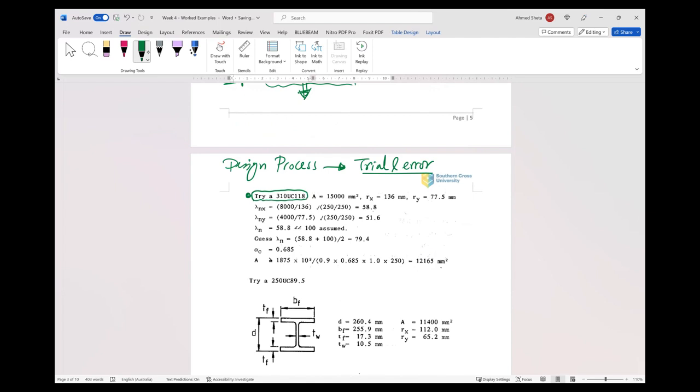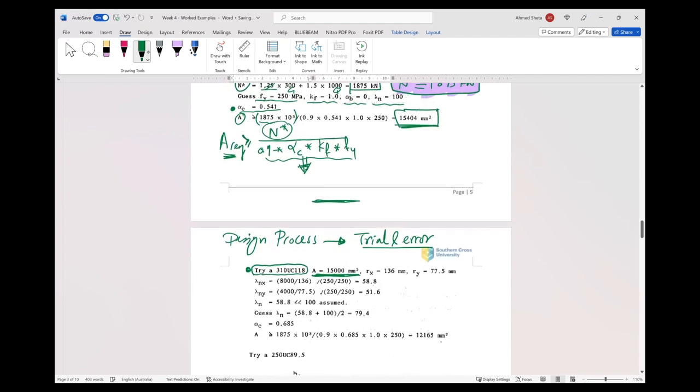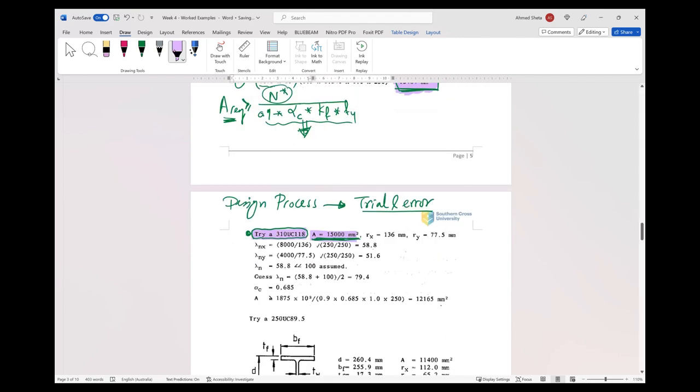So we try the closest area to the required area. Here the required area was 15,000 something. So we go to the table and find that the closest area to this is 310 UC 118. Okay. Do you get this one?